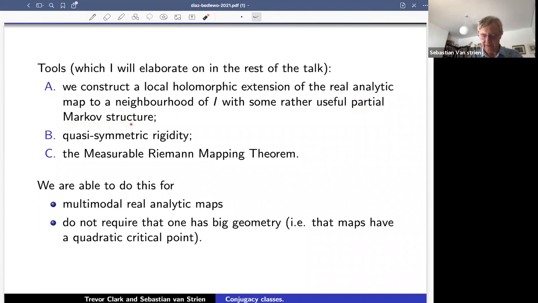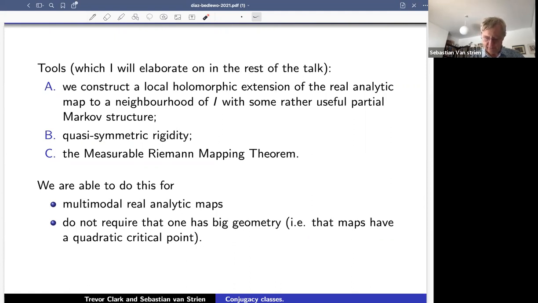And I'll explain a little bit more about that. The second ingredient is quasi-symmetric rigidity, and I'll discuss some of that. And also, of course, the measurable Riemann mapping theorem. And I'll explain that, because in this audience, that might not be a standard tool.